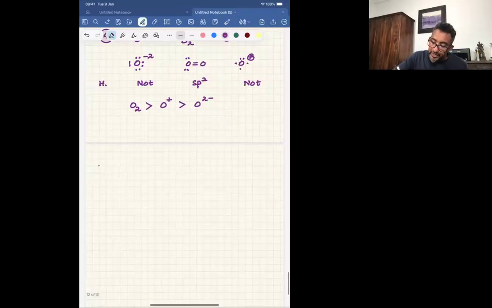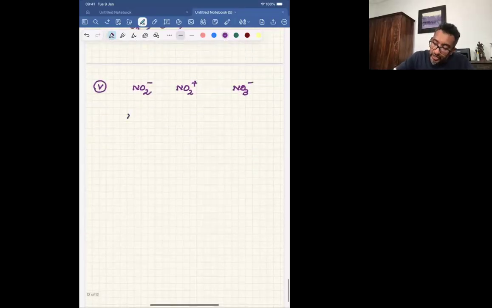Next one is 5. It is NO2 minus, NO2 plus, and NO3 minus. Let's see how this is going to work. NO2 minus: double bond, oxygen, negative charge, 1, 2, 3. It is sp2 hybridized, right?